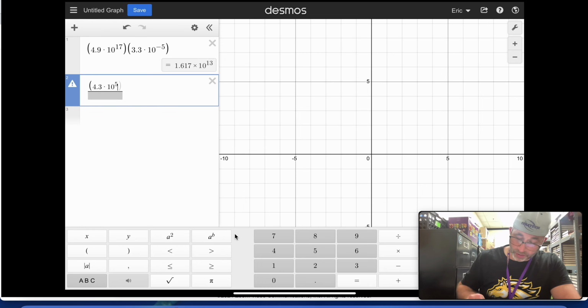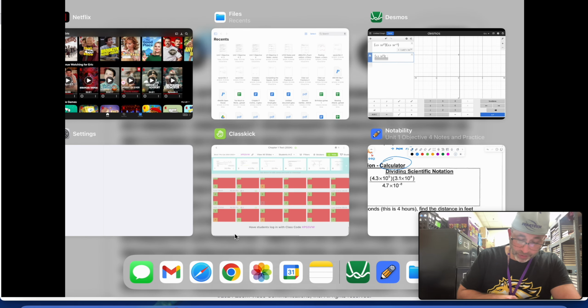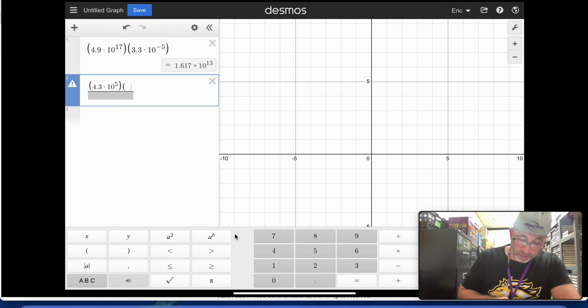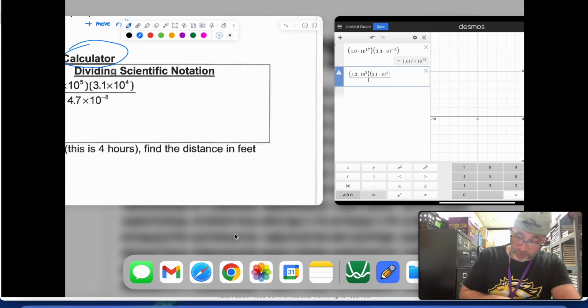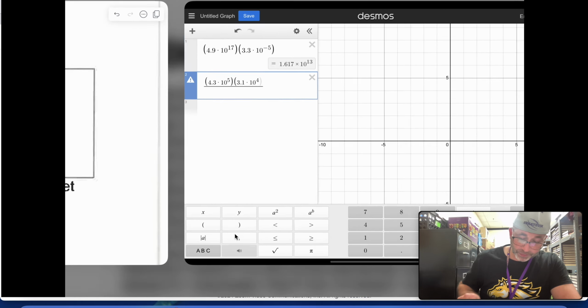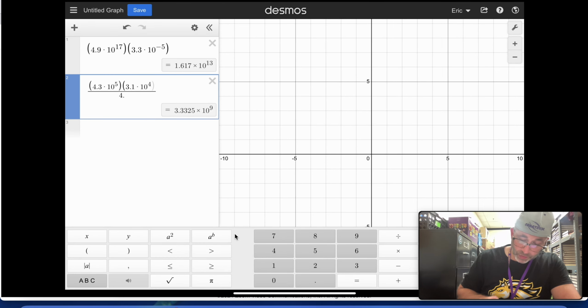And then close the parentheses. And then we're going to go ahead and do 3.1 times 10 to the 4th. 3.1 times 10 raised to the 4th. And then on the last one, we're going to have 4.7 times 10 to the negative 8. Times 10 raised to the negative 8.